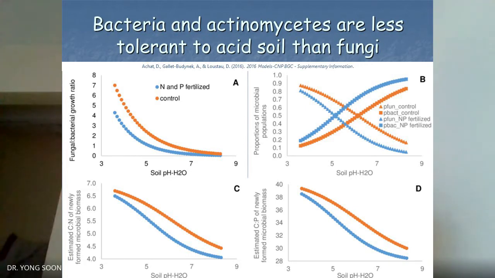Okay, now what you can see right here is a curve, the curve that represents the fungal over bacterial growth ratio as a result of changes of pH. So the x-axis is pH, from left to right is the increase of pH, and the y-axis represents how much fungus you have. If you get a higher value on the y-axis, that means you have more fungus. Now you can see right there, fungus is the highest at low pH.